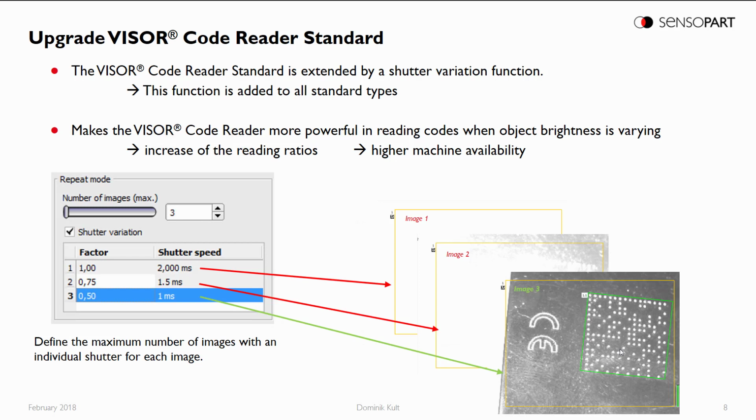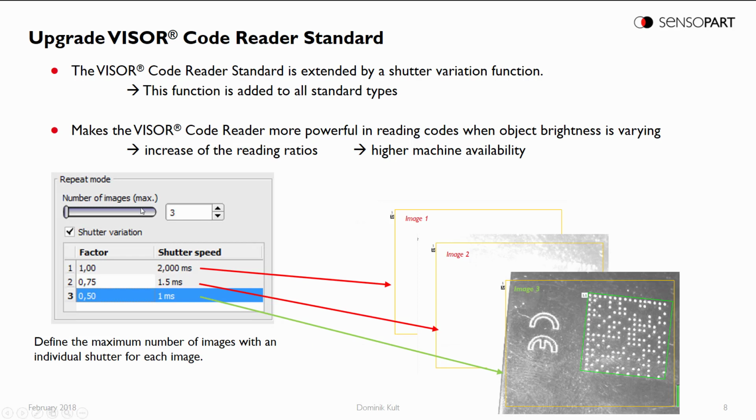We see the main use for code reading applications: this extension makes the VISOR code reader more powerful in reading codes when the object brightness is varying. That means you can increase the reading ratio and, for that, achieve a higher machine availability.